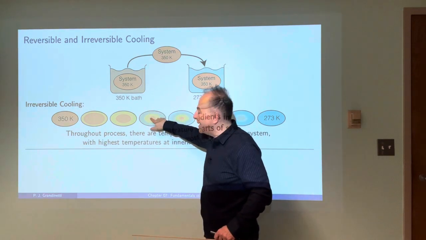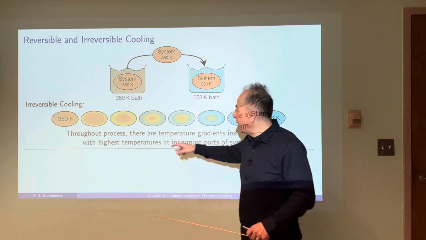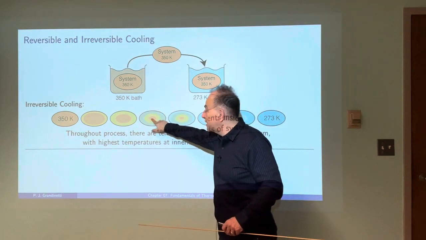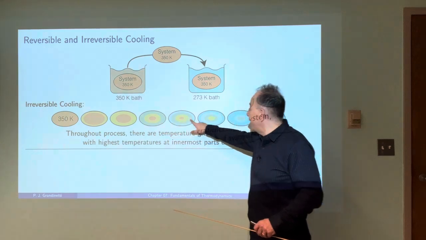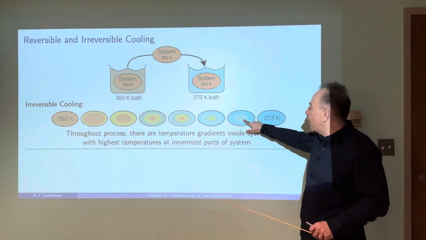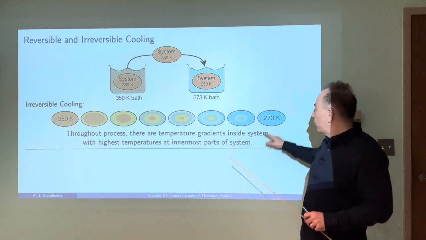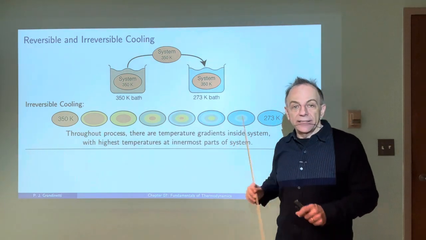We have this gradient of temperature throughout the cooling process, where it's coolest on the outside and stays hottest on the inside until eventually that gradient disappears and we reach an equilibrium state where it's 273 throughout the system.